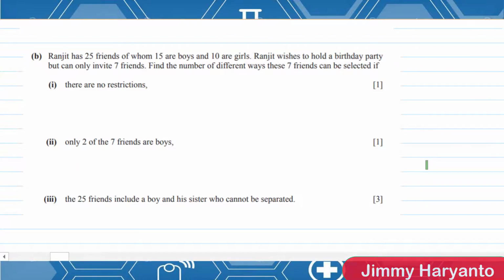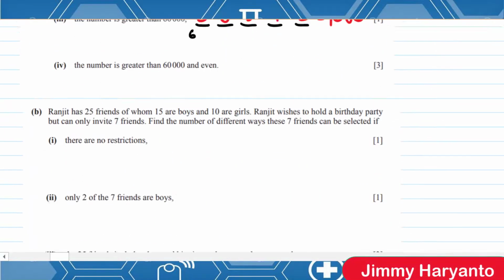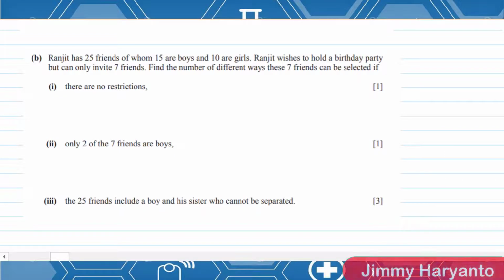Okay, the next is number 8B. For 8B, Ranjit has 25 friends, of whom 15 are boys and 10 are girls. Ranjit wishes to hold a birthday party. Ranjit can only invite 7 friends, no restriction. So from 25 friends, you choose 7.